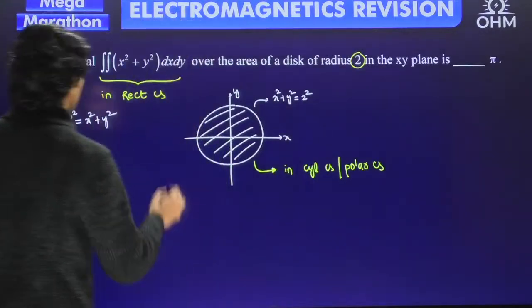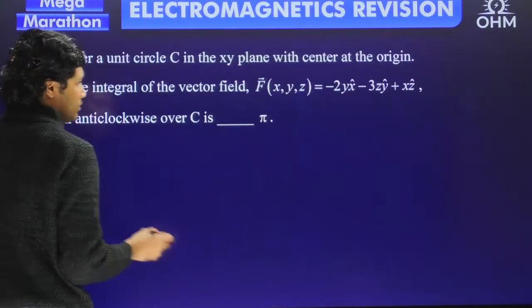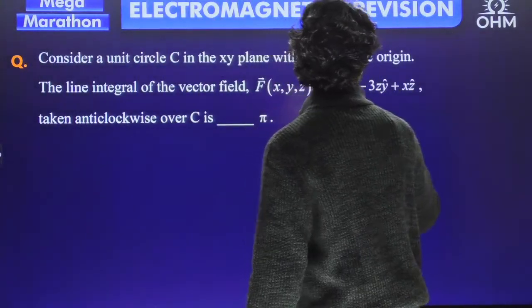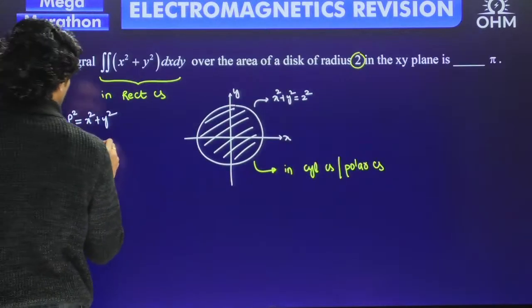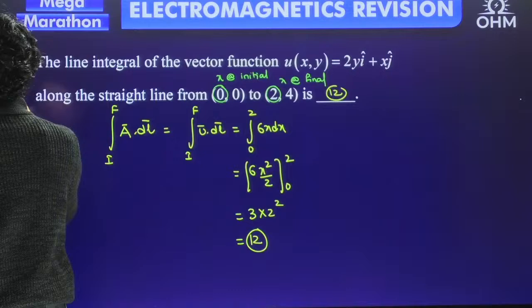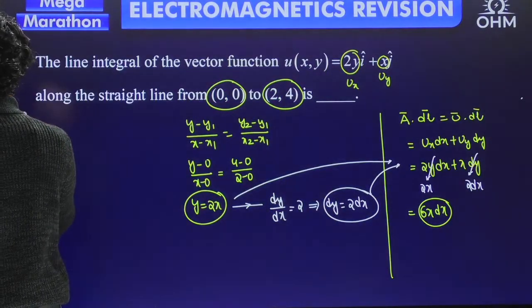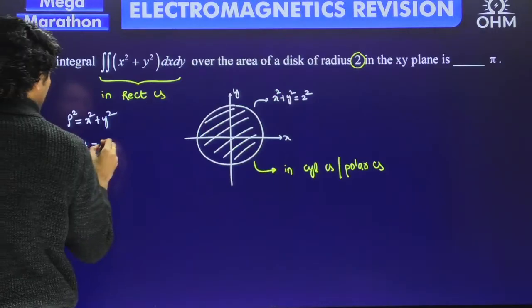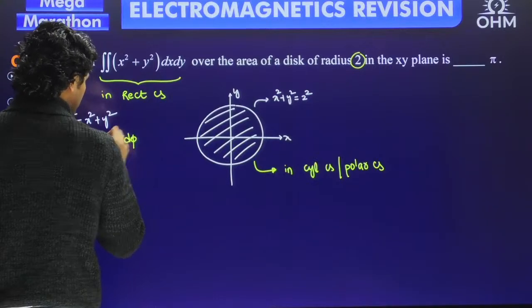So wherever you see this dx dy now, in this problem at least, you can replace it with rho d rho d phi. Okay.